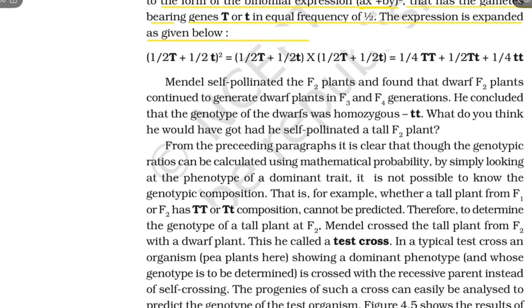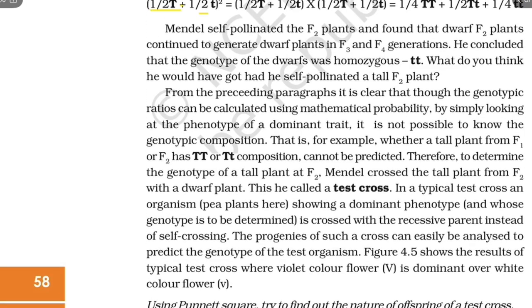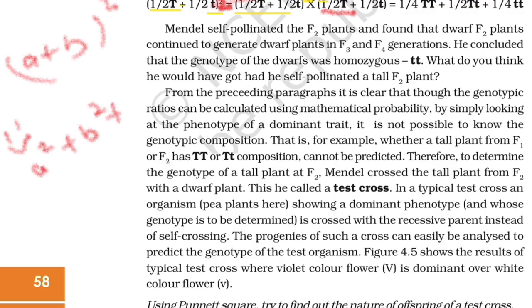The expression is represented as given below. (1/2 T plus 1/2 t) whole square equals (1/2 T plus 1/2 t) into (1/2 T plus 1/2 t), that is expanded, its whole square written here, equals 1/4 TT plus 1/2 Tt plus 1/4 tt. As you know, (a plus b) whole square is equal to a square plus b square plus 2ab. The same is here.